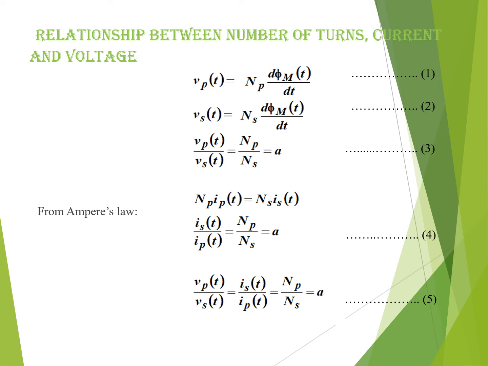Simplifying this equation, it becomes Is by Ip is equal to Np by Ns, which is equal to A. But in the earlier condition, we know that Np by Ns is nothing but Vp by Vs. So taking this value and deriving the further step gives us Vp by Vs is equal to Is by Ip, which is equal to Np by Ns, which in turn gives you the turns ratio. In this way we can derive the relationship between number of turns, current and voltage.